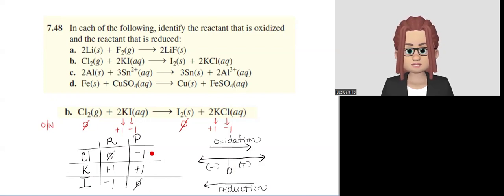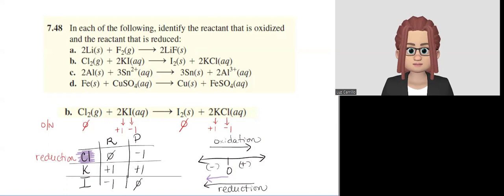In the case of chlorine, we can observe that it went from 0 to a negative number. So that means that chlorine is undergoing reduction.